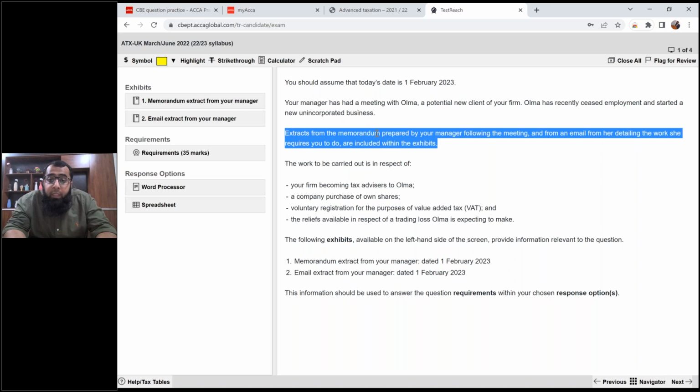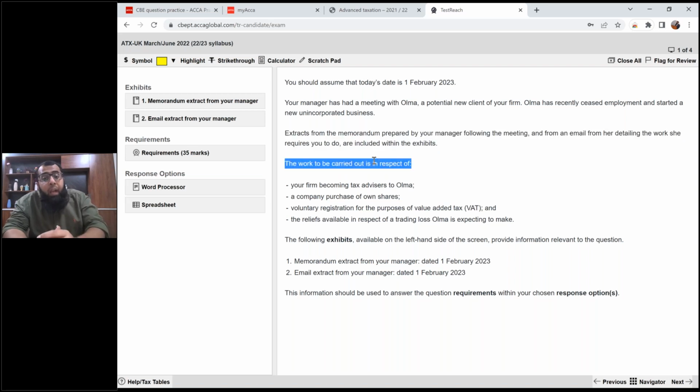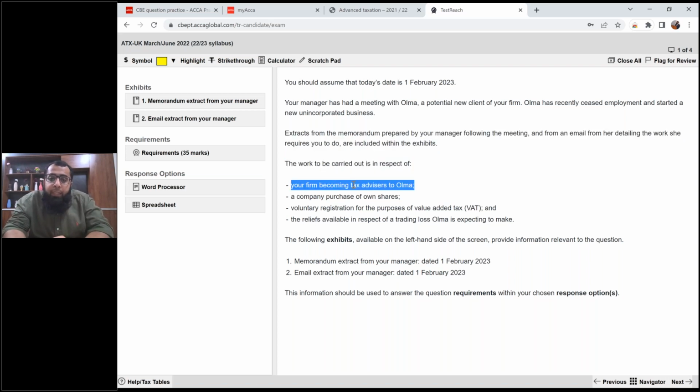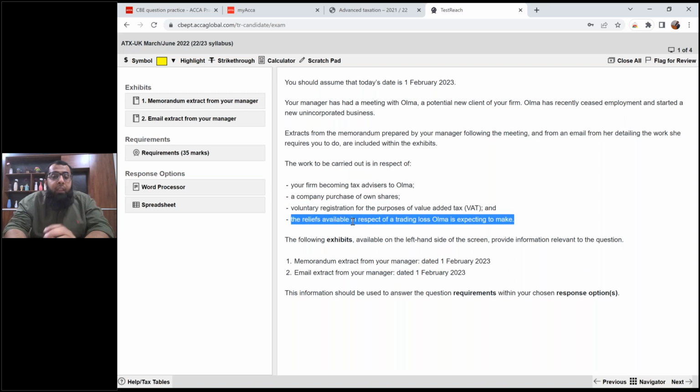Extracts from the memorandum prepared by your manager following the meeting and from an email from her detailing the work she requires you to do are included within the exhibit. The work to be carried out is in respect of your firm becoming tax advisor, company purchase of own shares, voluntary registration for the purpose of VAT, and the reliefs available in respect of trading loss Alma is expecting to make.